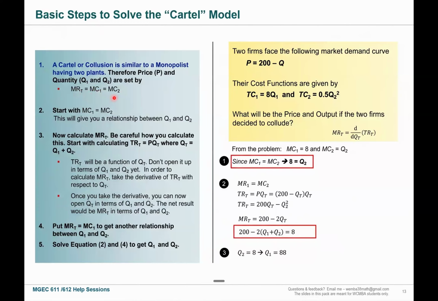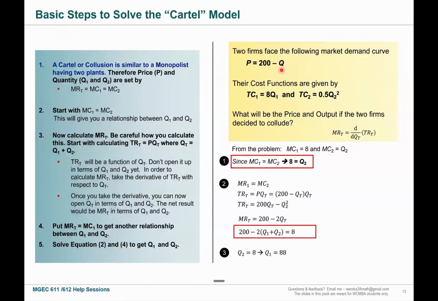As I told you even before the midterm, in this particular case, always start with MC1 equal to MC2, because that gives you a relationship between Q1 and Q2. Then using that relationship, go back to either MRT equal to MC1 or MRT equal to MC2 and get the values. So let's take an example. Two firms face the following demand curve. The demand curve is this. The two firms' cost functions are given.